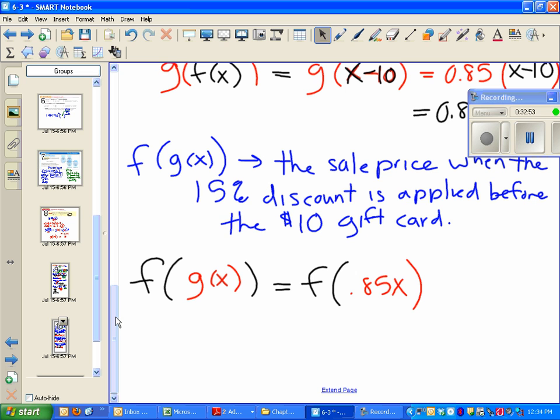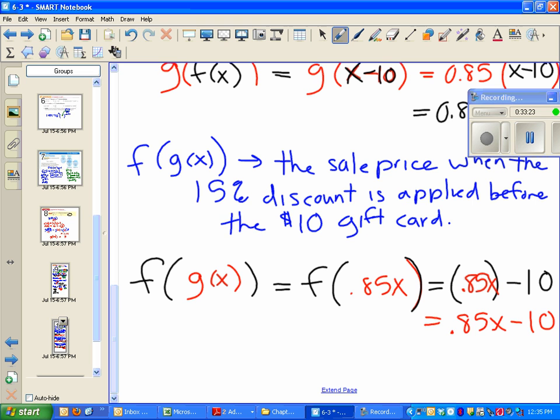So we're going to find our x in our function and replace it with 0.85x. Our function for f was x minus 10, so we're going to do 0.85x minus 10, and that's our new function. Okay, we're almost done.